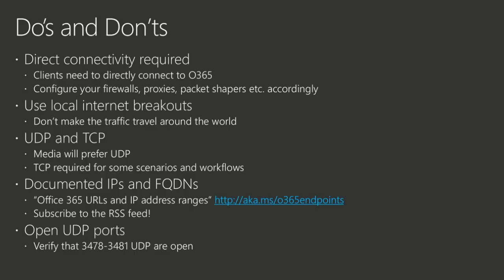They won't be able to have a UDP call anymore, and now the media will go over TCP. So no one will call the help desk and say, hey, I wasn't able to do the call, because the call will still succeed, but the quality might be just much worse. And that's something that you need to look out for, so make sure that all of the UDP ports are open.